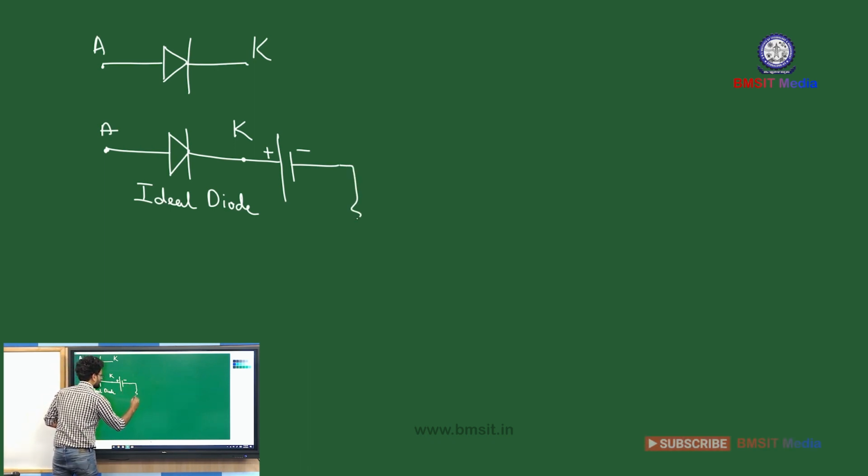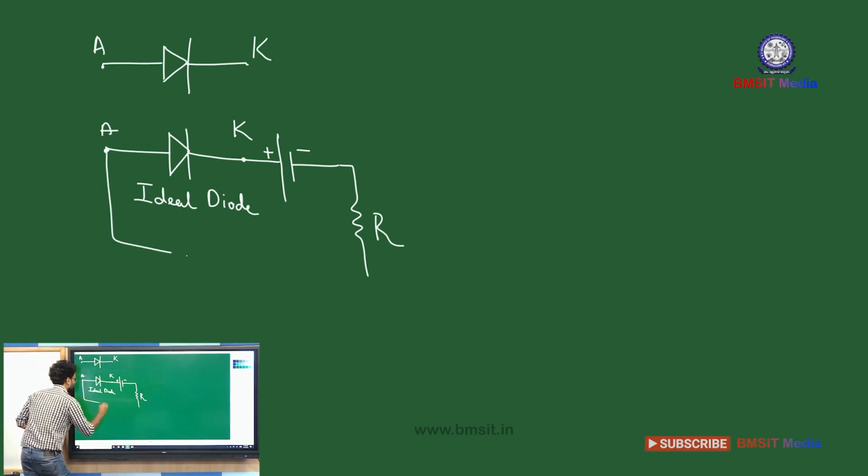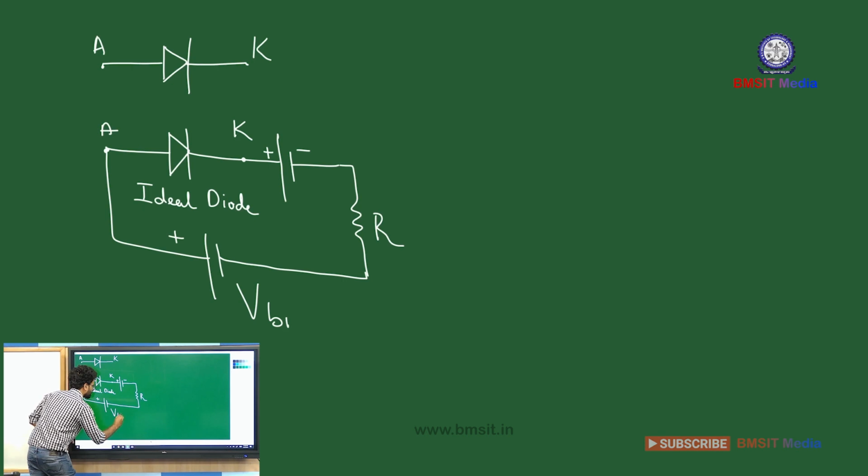Of course, we will connect one current limiting resistor R, and this anode is connected to the positive terminal of the biasing voltage. So let's write V bias. Okay.